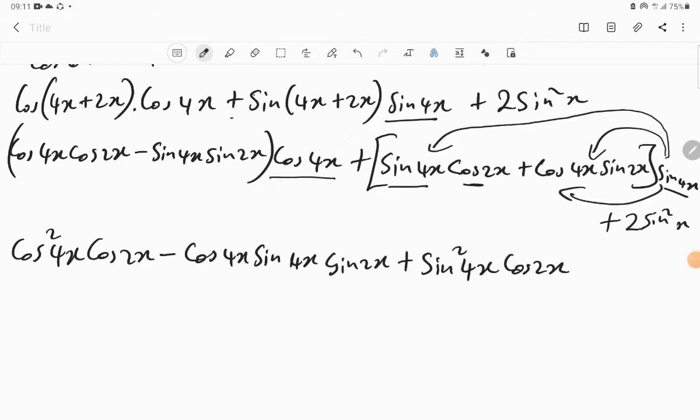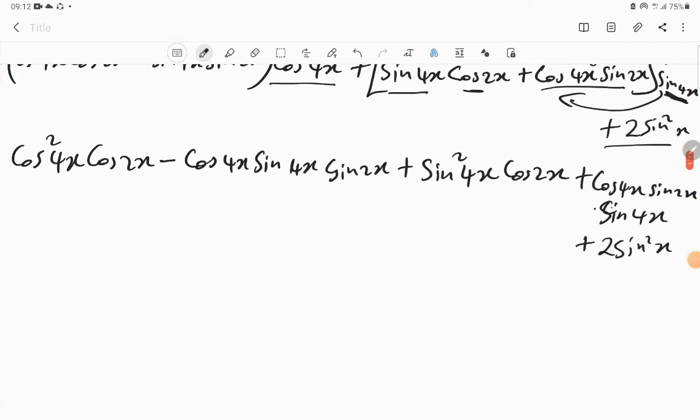Then after that we will be having plus, which is this part, and times that, which is going to be cos 4x, then sine 2x times sine 4x. So this is what we have. Then let us not forget to also add that one. So adding that one, plus 2 sine squared x. I'm just running out of space.